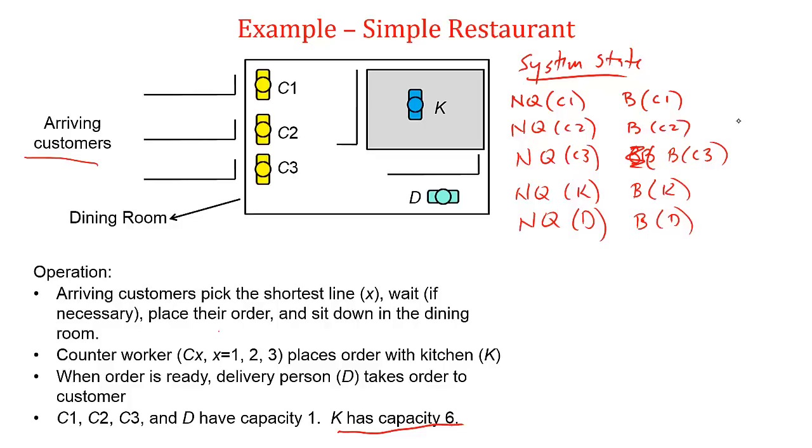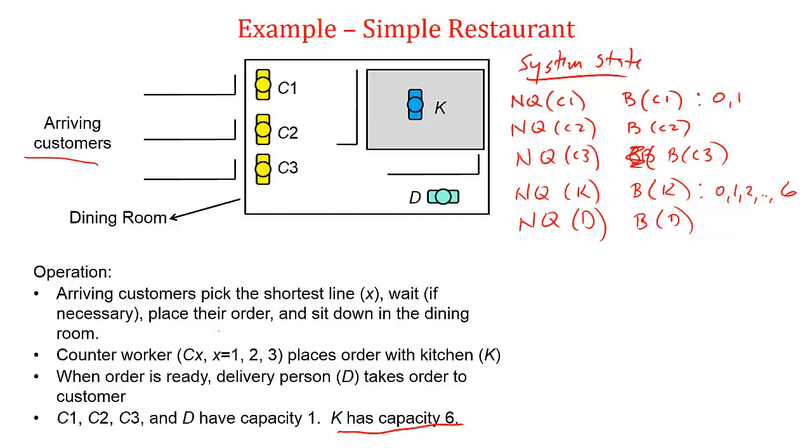The values BC1, BC2, BC3, and BD can take on the value of 0 or 1, whereas the kitchen, since it can cook 6 meals simultaneously, can be 0, 1, 2, up to 6. So in our previous example, we had the busy idle being Boolean, either 0 or 1, and that works when you have a single capacity server. In this case, the kitchen can be cooking 0 meals, 1 meal, 2, 3, 4, 5, or 6 meals.